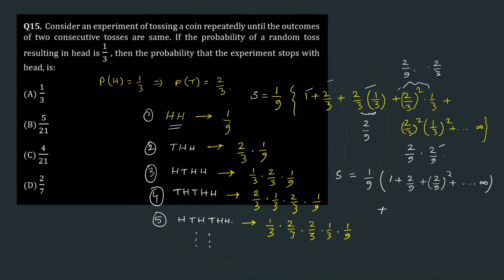So basically there will be a 2 by 3 coming out as a common factor, 1 by 9 times 2 by 3, then inside the brackets 1 plus 2 by 9 plus 2 by 9 whole square plus so on up to infinity. So we will get from here 1 by 9, then plus 1 by 9 times 2 by 3, and then inside this bracket this infinite series.